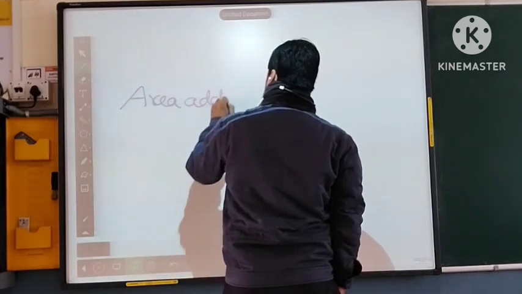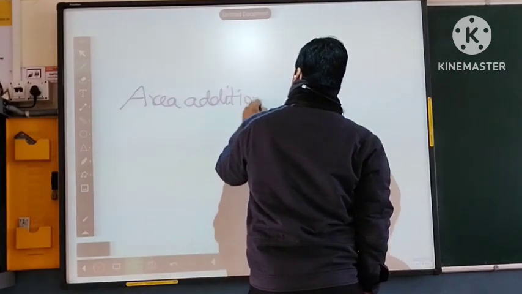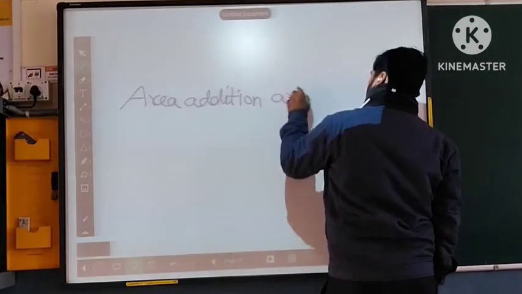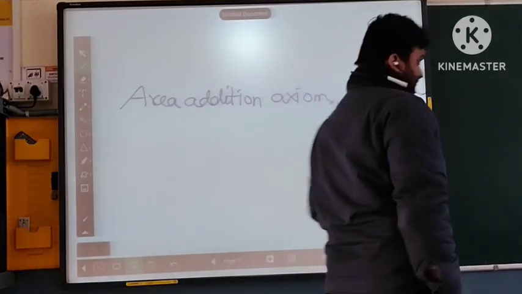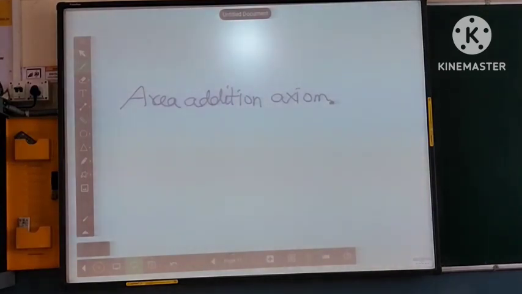Next is the area addition axiom. No problem, I can write addition area axiom or area addition axiom. Now what does it say?